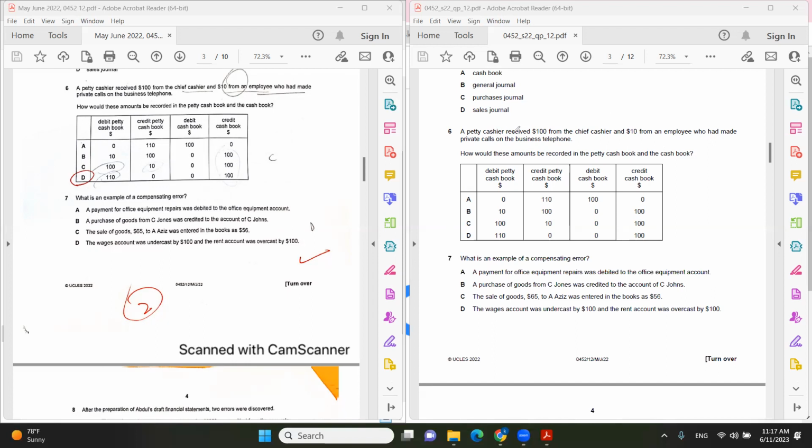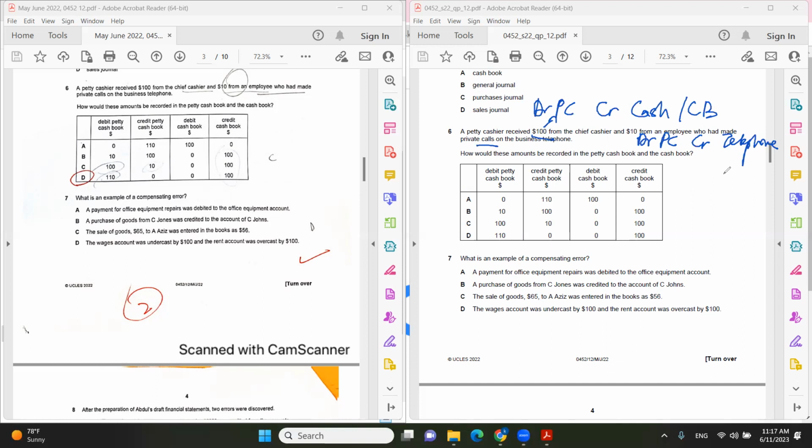So the petty cashier received 100. That means debit petty cash book, credit cash book. Whereas for this $10, it will debit petty cash book and credit what we pay for. A private call means the telephone charge.